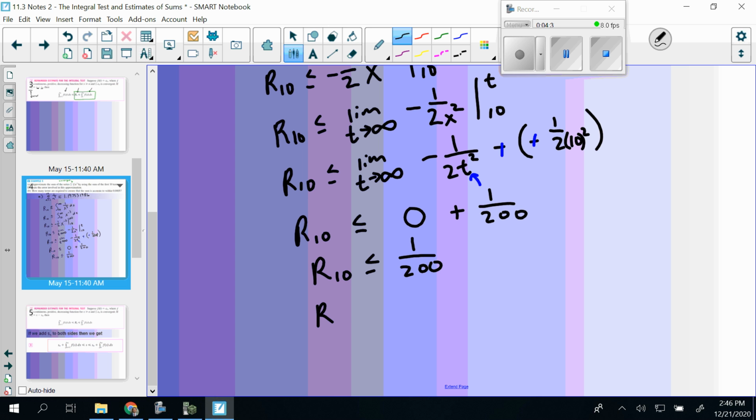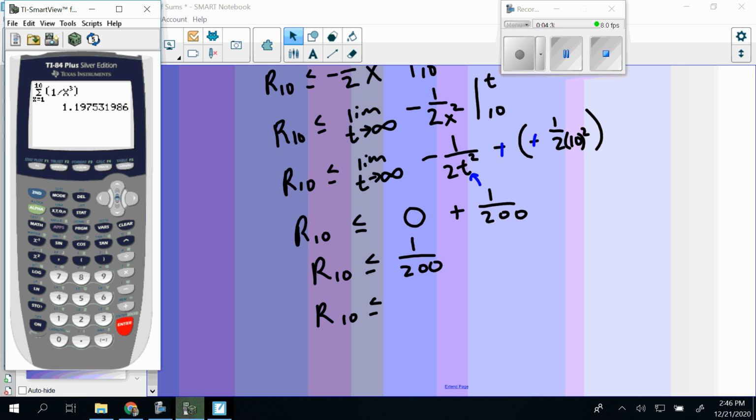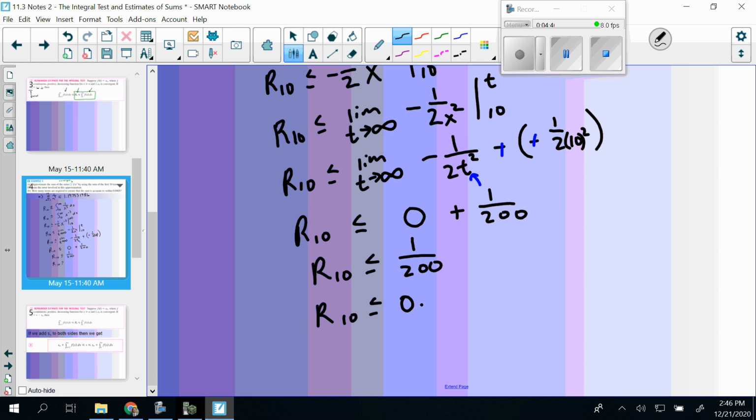Or another way of saying that, if you do 1 over 200 on the calculator, it's 0.005. So this is within 0.005 of the actual answer. Our approximation that we had up there is within 0.005 of the actual.